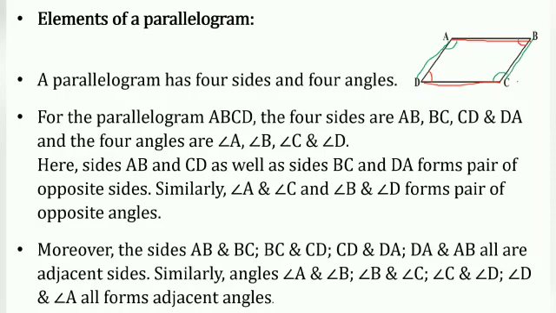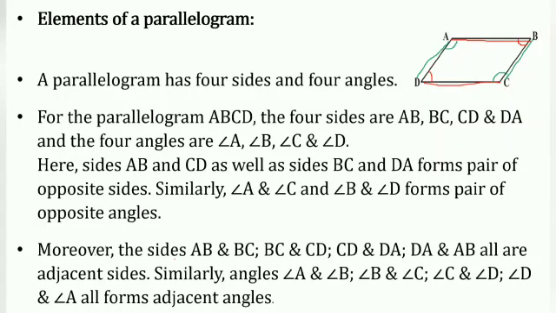So we have two pairs of opposite angles. Angle A and angle C is one pair, and angle B and angle D is the other. In the same way for parallel sides, AB parallel to CD is one pair, and AD parallel to BC is another pair.